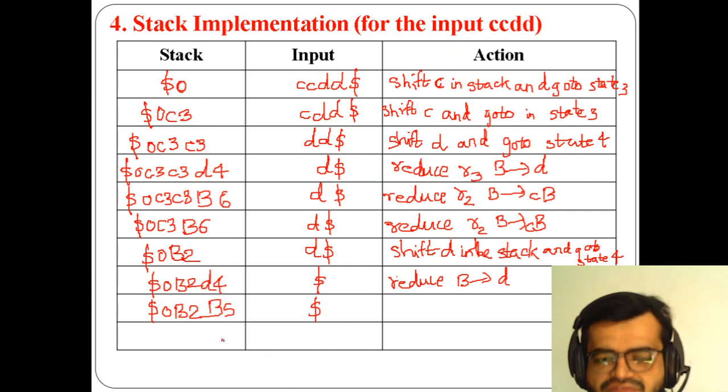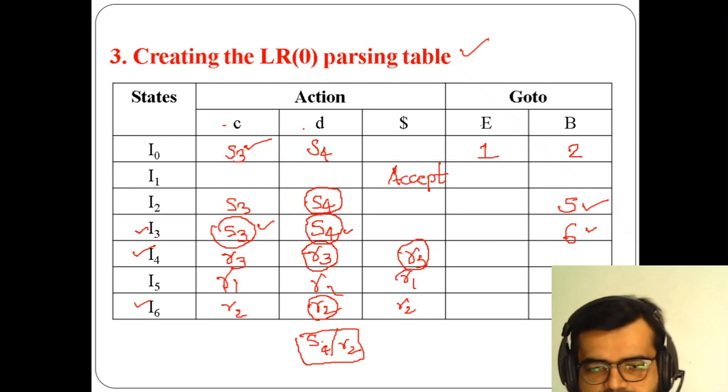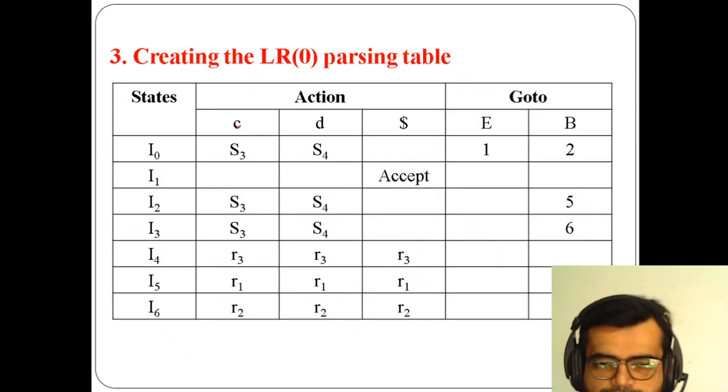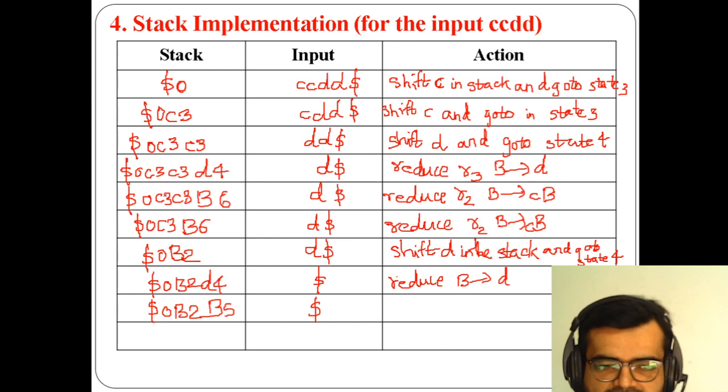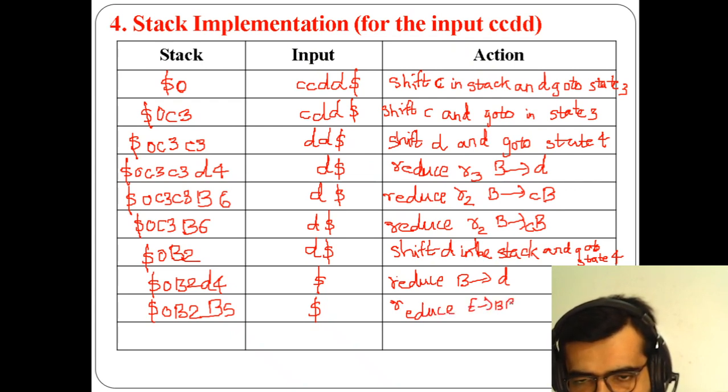So now again in the fifth state, when I'm verifying the fifth state, okay, dollar, what is there in the fifth state? Dollar R1 is there. So R1 means which one? This one we have to use, E of BB. So here reduce E of BB.